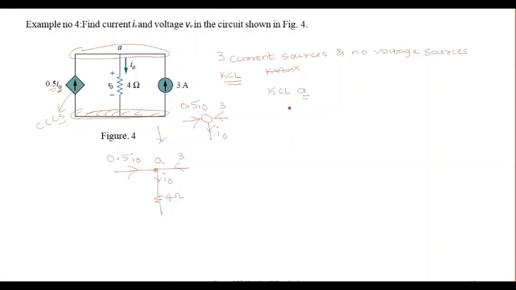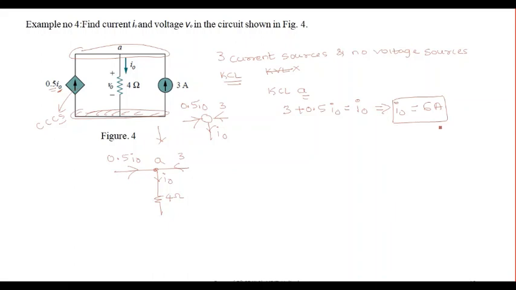Two currents are entering. Which are those two currents? 3 and 0.5 I naught. And which current is leaving? The current which is leaving is I naught, right? So if you solve for I naught, you should get 6 amps.